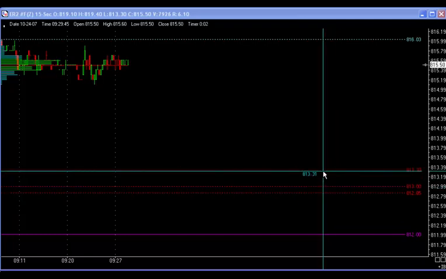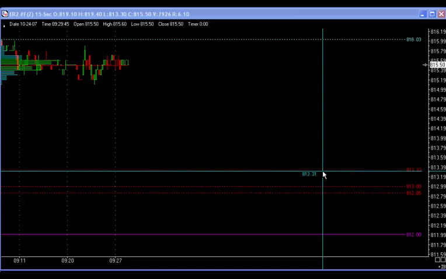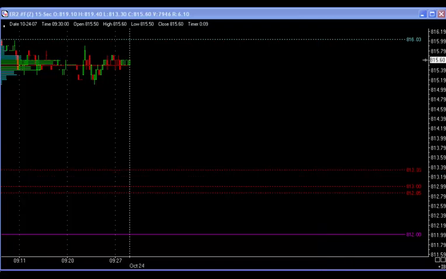And then we have other standard deviations below the VWAP, the 813.33 value.